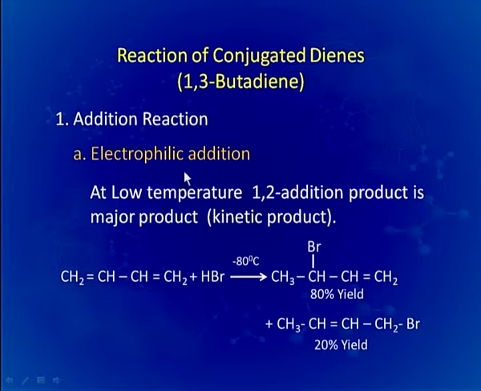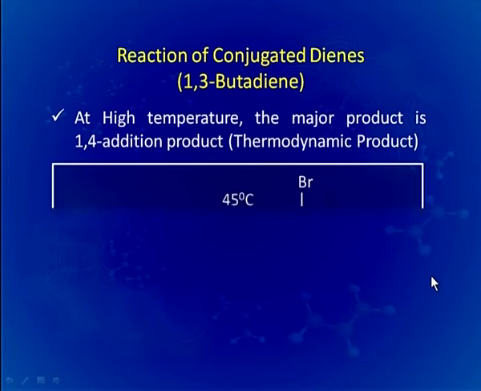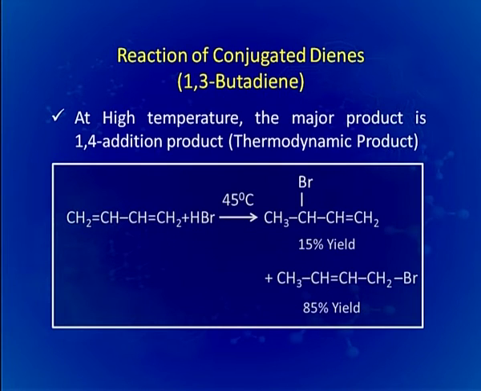Here we can see that hydrogen bromide is being added to 1,3-butadiene. It is added across this double bond and therefore the 1,2 addition product is formed in 80% yield, and only 20% yield of the 1,4 addition product is formed. But if we perform the same reaction at high temperature, the major product is the 1,4 addition product.